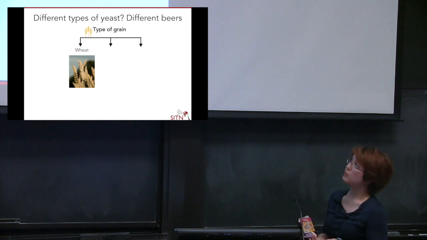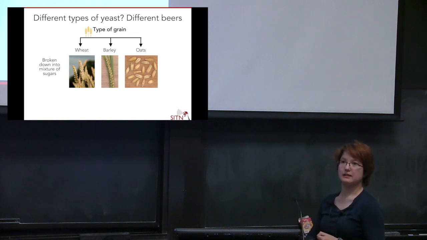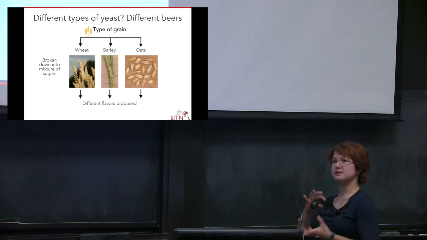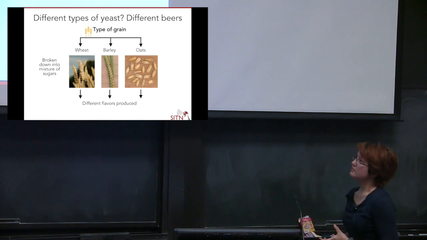For instance, there are such things as wheat, barley, and oats, or different kinds of grains. And when they're broken down through usually mechanical and some chemical processes in the brewing process, you end up with different flavors being produced because of the different mixtures of sugars present in those different kinds of grains that you started out with.